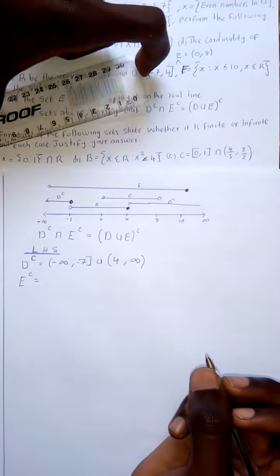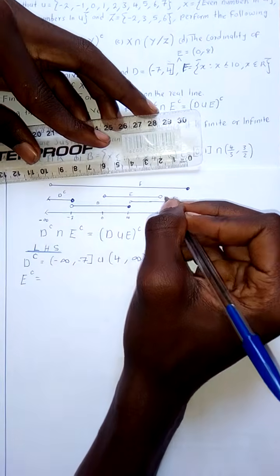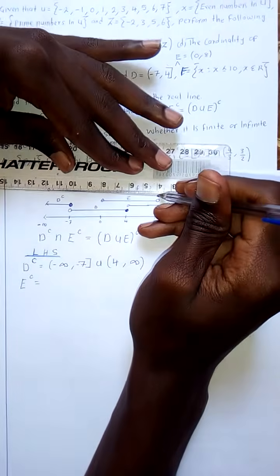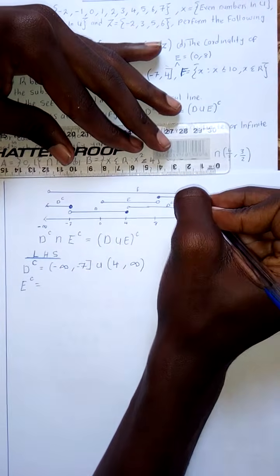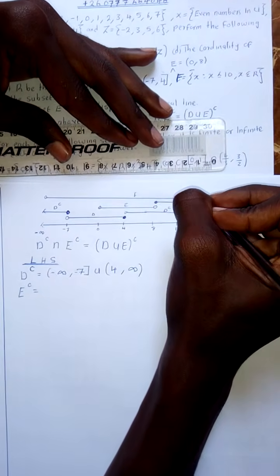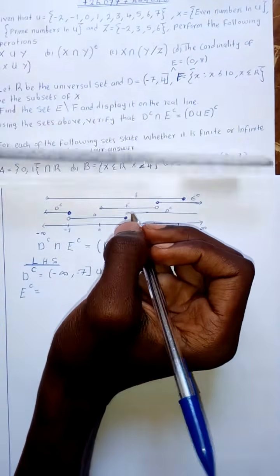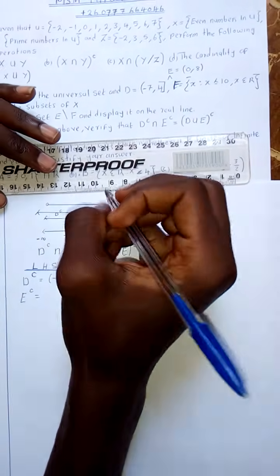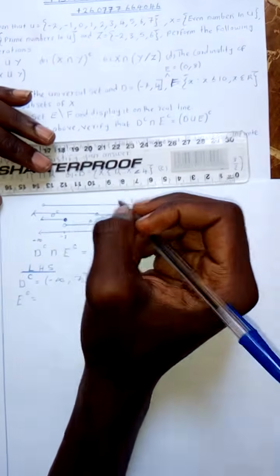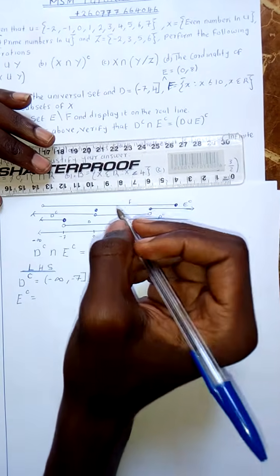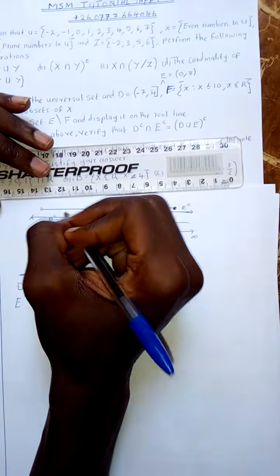Now for E complement, since this is an open circle, I'm going to draw a closed circle here. Then I'm going to take it this side, okay, up to where there is infinity. So this is going to be my E complement. Then I'm also going to draw another line from here up to this side, and I can name this one.